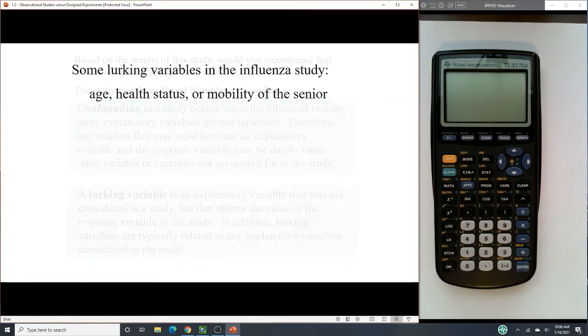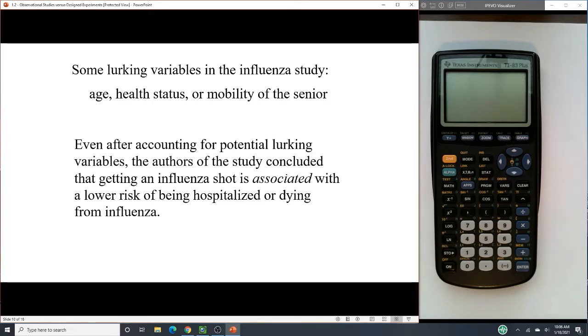Some examples in this flu study are age, health status, and mobility. Are they already weak and possibly on their way to death, even though they would have taken the flu shot or not? There are a lot of lurking variables that can happen. For this particular study, even after accounting for lurking variables, we still conclude that yes, we should be getting the flu shot if you're a senior over 65.